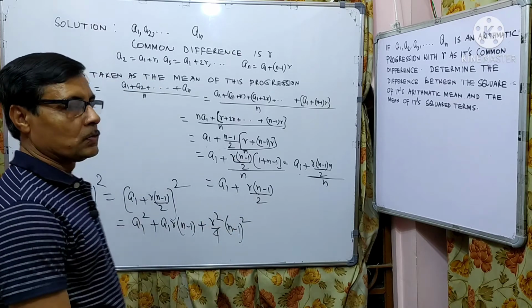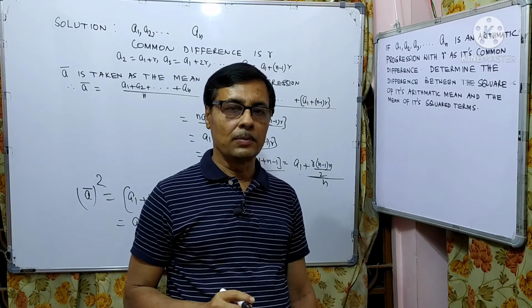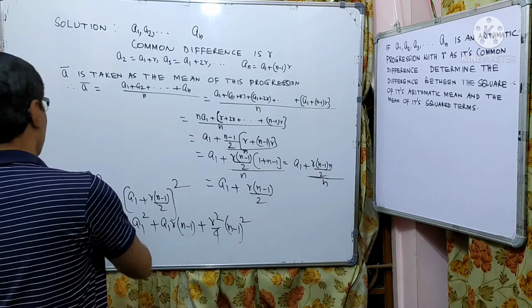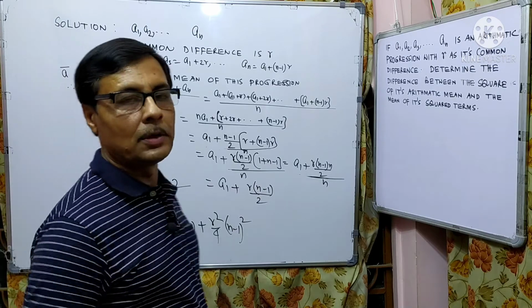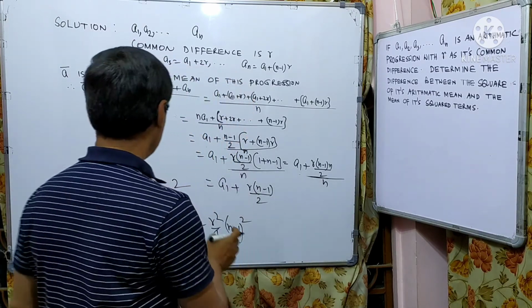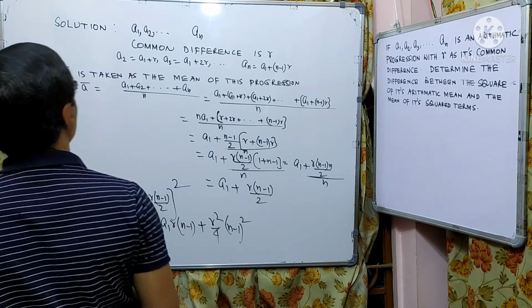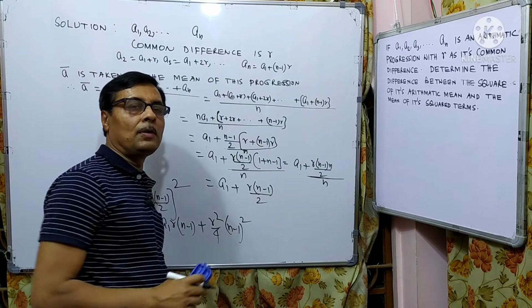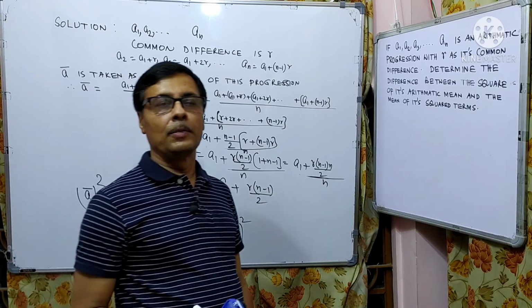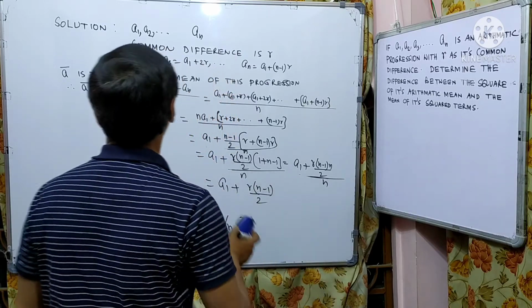This is the square of the mean of the terms of this arithmetic progression. So next we calculate the mean of the squared terms of this arithmetic progression.